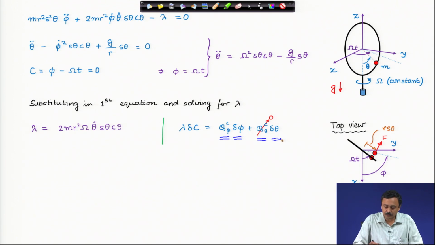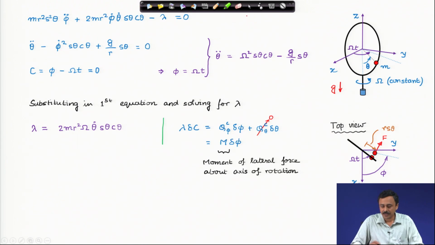If you look at this expression, then you can note that this constraint force in the theta direction must be 0. For that you will have to look back and see that term lambda delta c.